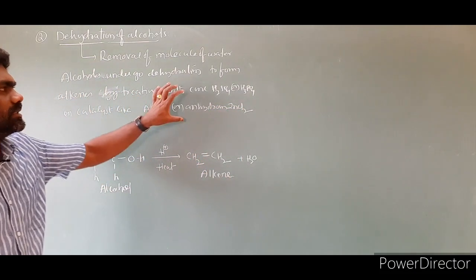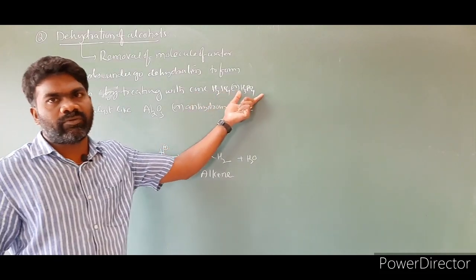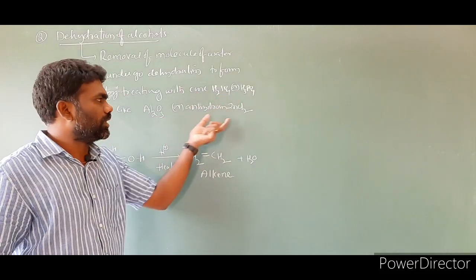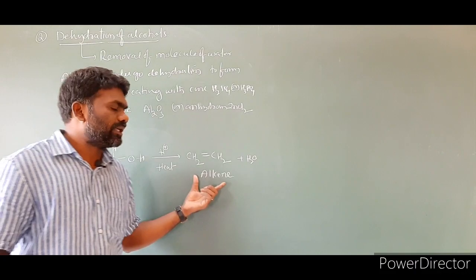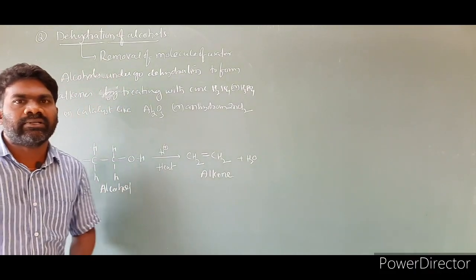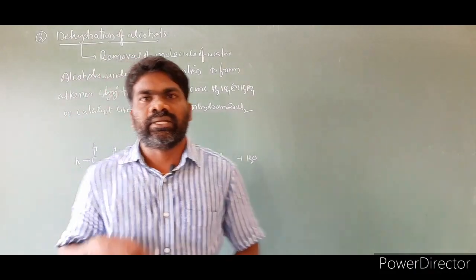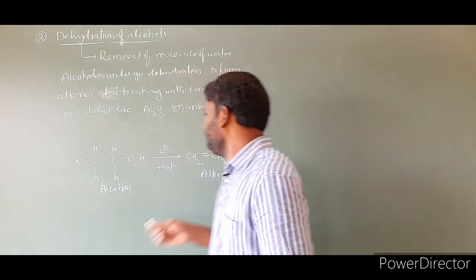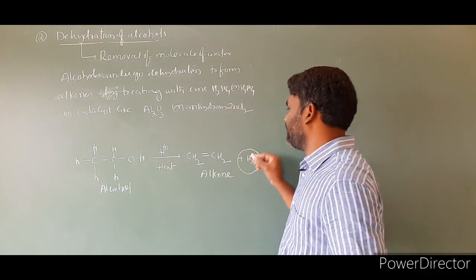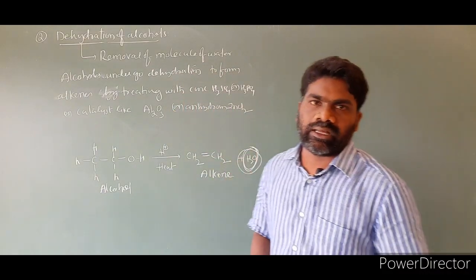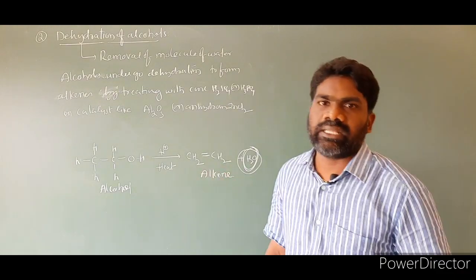So if you take any reagent, concentrated H2SO4 or H3PO4, or you can use alumina, or anhydrous ZnCl2, the product is alkene. So this is the dehydration of alcohols. Dehydration of alcohols means simply removing a water molecule from alcohol. This is called dehydration.